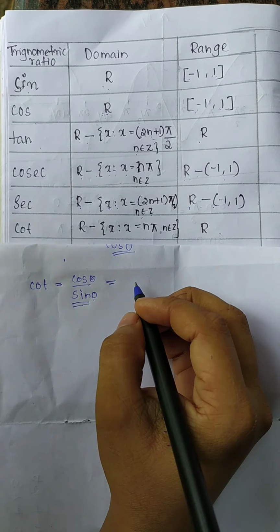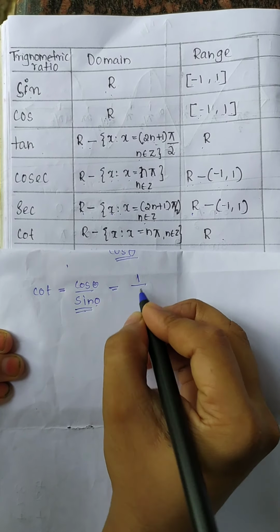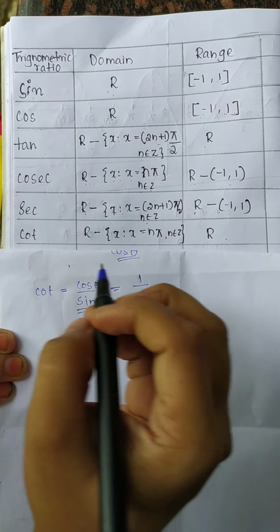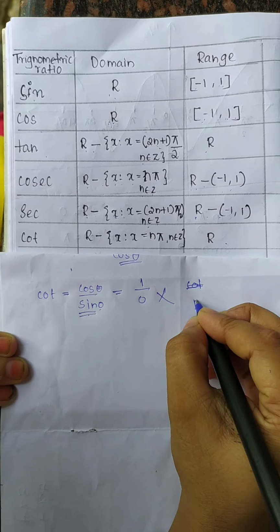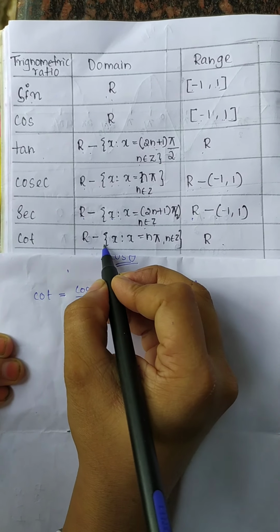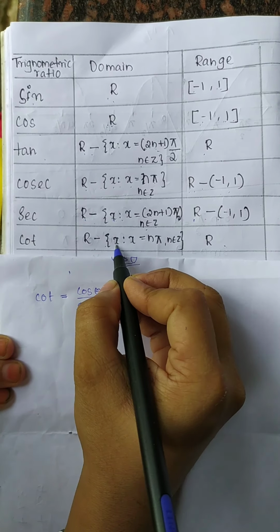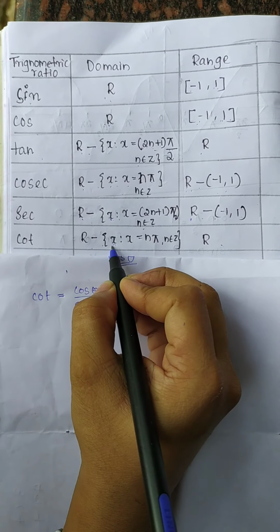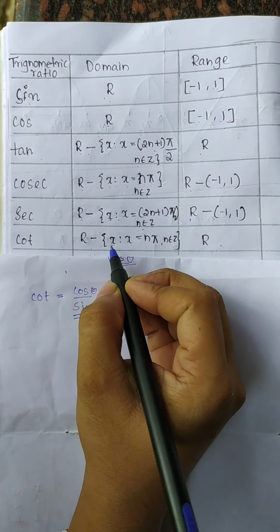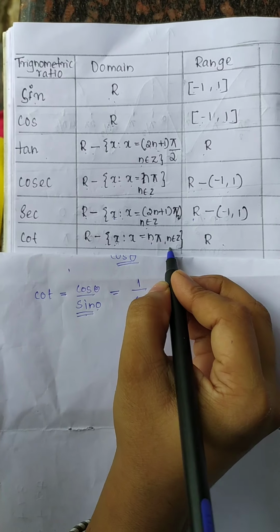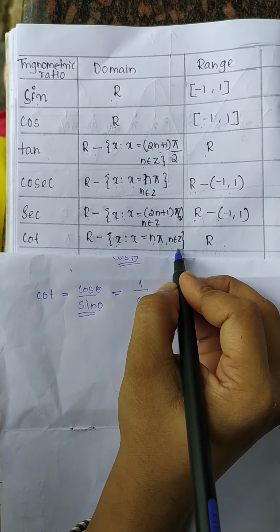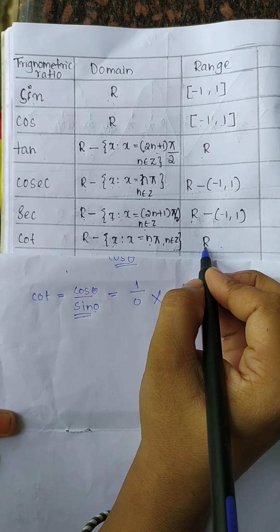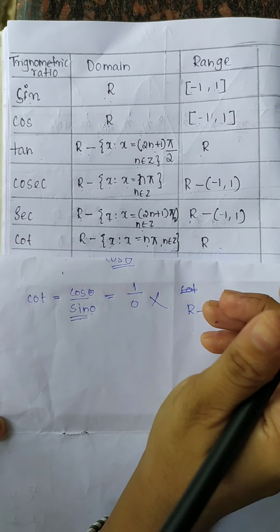For such numbers it is 1 by 0, which does not exist. So for cot we have to subtract such numbers: real numbers minus x, where x is n pi, where n belongs to Z, that is, Z means integers. Then what is the range? Range is all the real numbers.